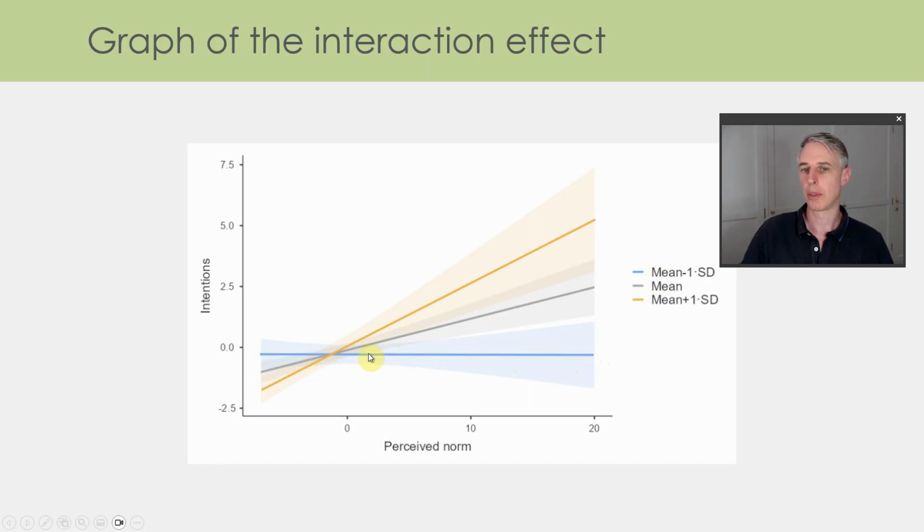But that association between norm and intentions gets stronger as their own identification with the group also gets stronger. So at mean levels, we have this grey slope, and then an even steeper slope whenever identification is high.